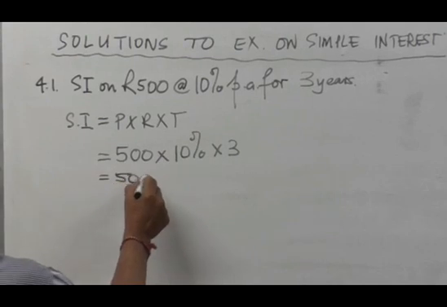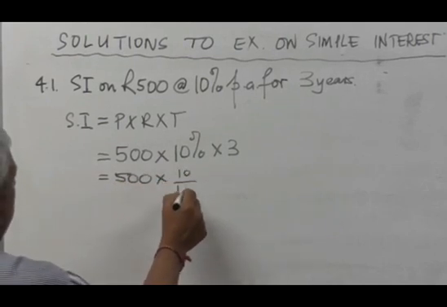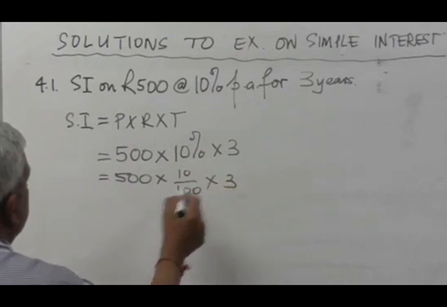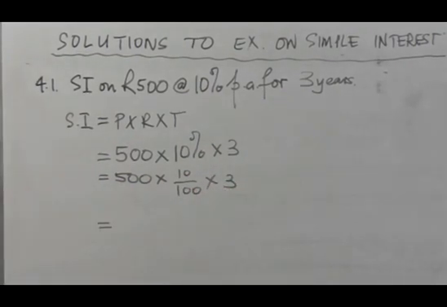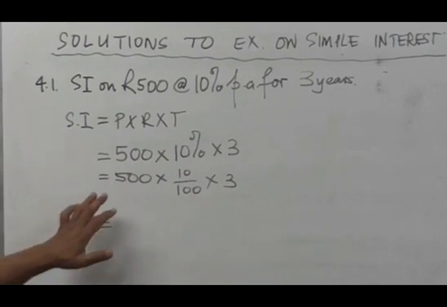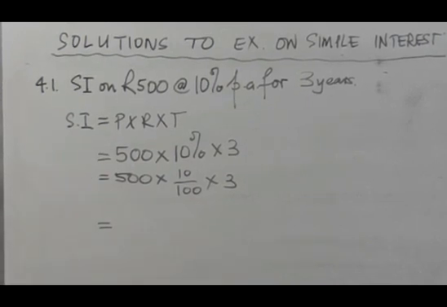So that will give you 500 times 10 over 100 times 3. And you put that in your calculator.